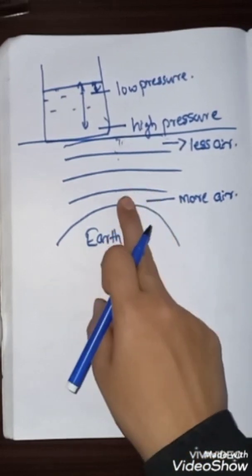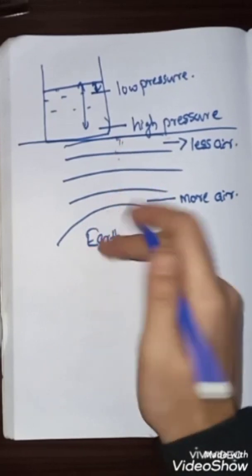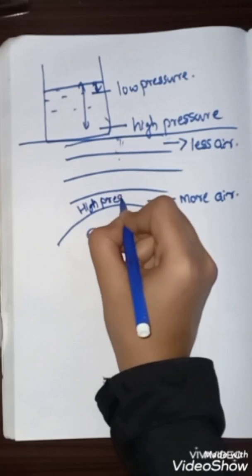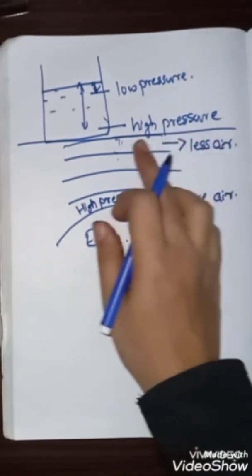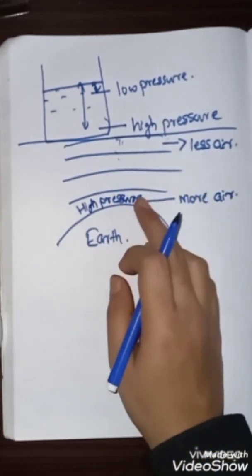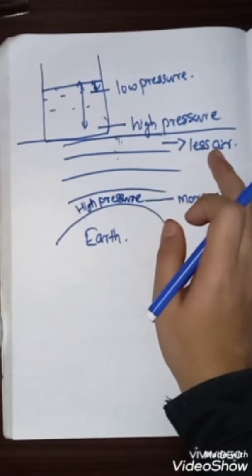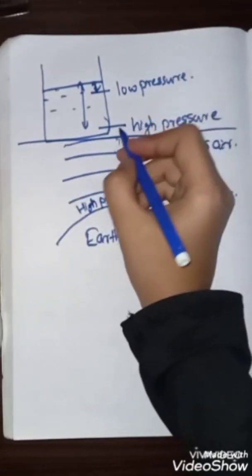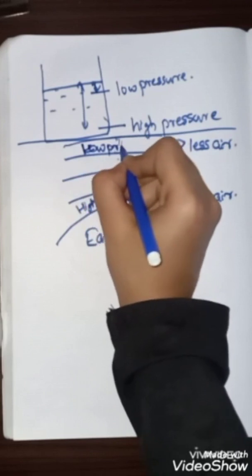Here the pressure is exerted by more air, so this layer has high pressure. And here only less air exerts pressure, so it has low pressure.